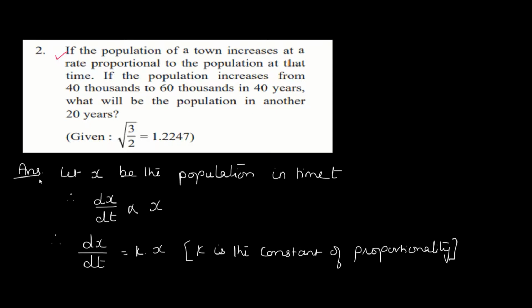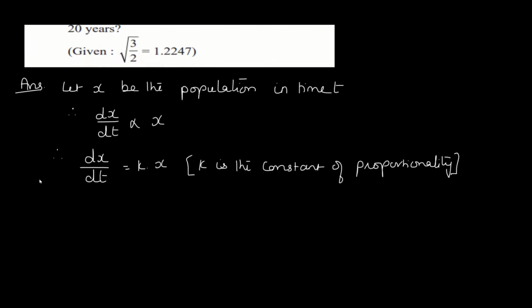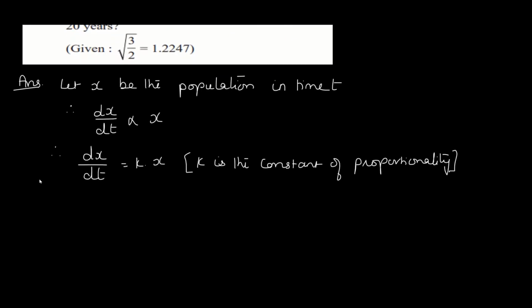Then, like in the previous sum, we rearrange the terms and therefore we get dx upon x is equal to k into dt, and then we integrate both the sides.